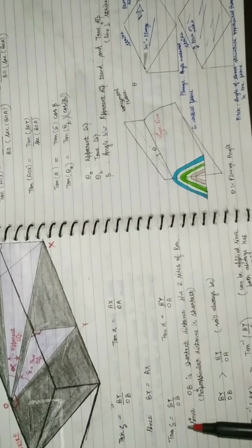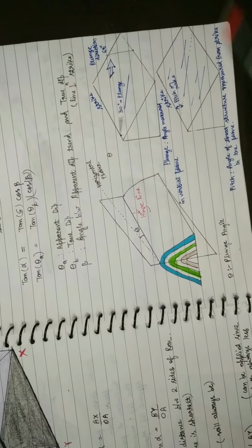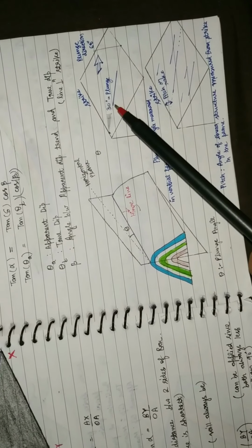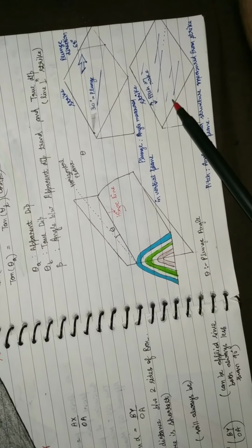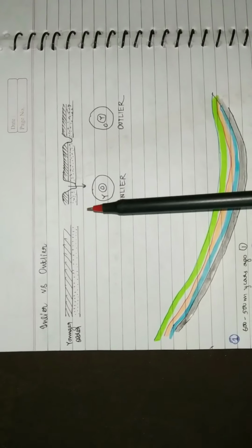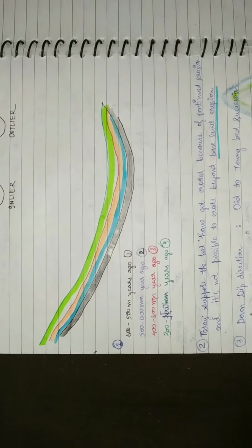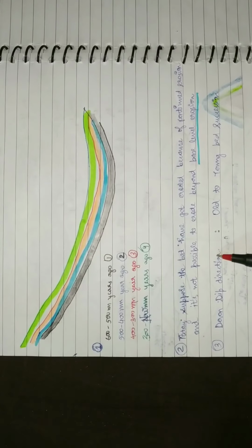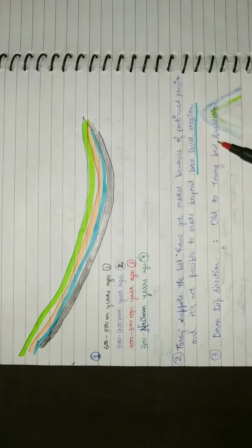Finally, we also looked at some terminology for the linear structures, the plunge and the pitch or rake, right? We saw the concept of inliers versus outliers, and finally a very important concept, that in the down dip direction we find beds which are old to young, right? That's all. Thank you.